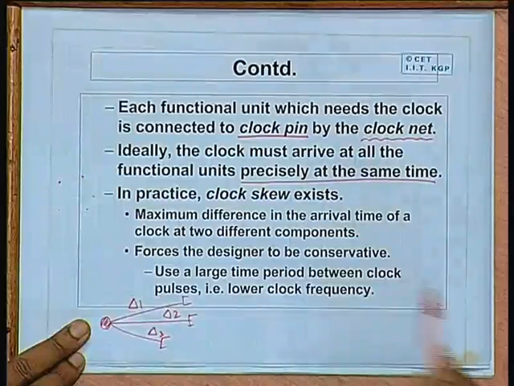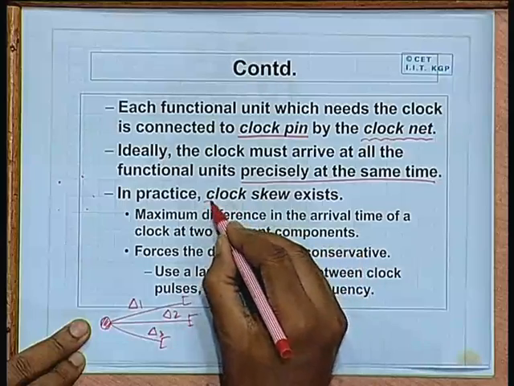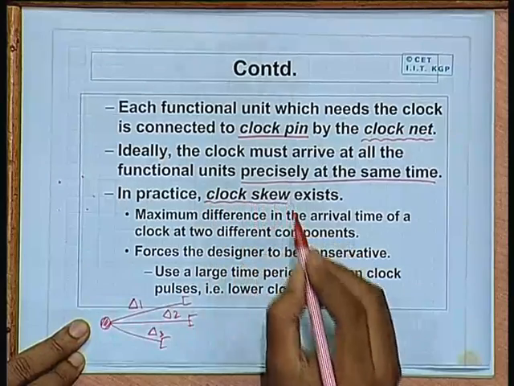So, if the clock edges come staggered in the axis of time, this is what is called clock skew. Clock skew means due to variable delay, the clock edges do not all reach the different functional units at the same time, there is a variation.